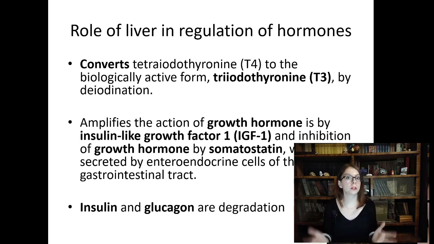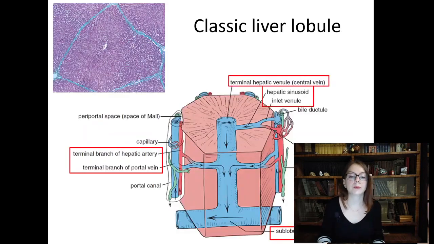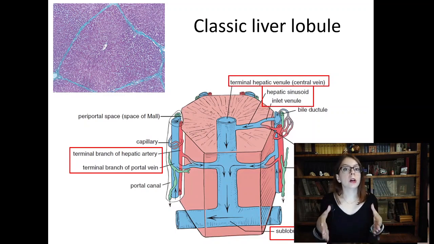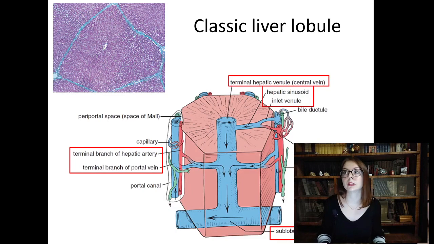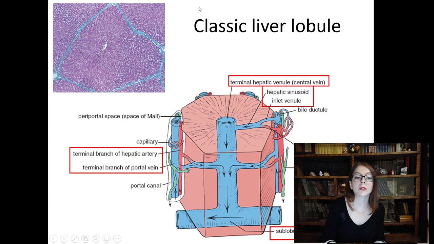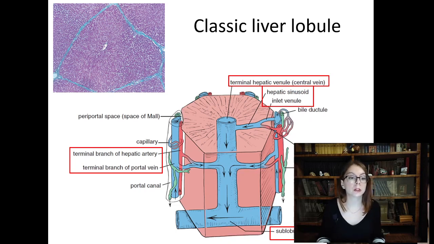So after we have discussed functions, let's investigate the structure, how the liver is organized, and how all those hepatocytes are organized around blood vessels to perform their function as effectively as possible. If we make a cross-section through the liver as an organ, we'll find hexagonal structures called classic liver lobules.